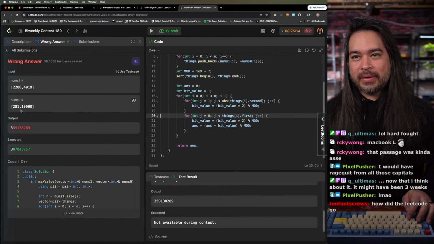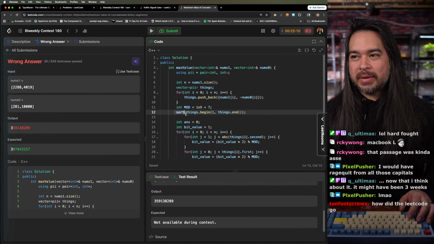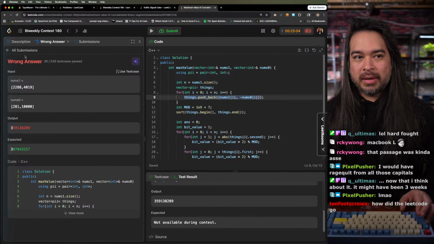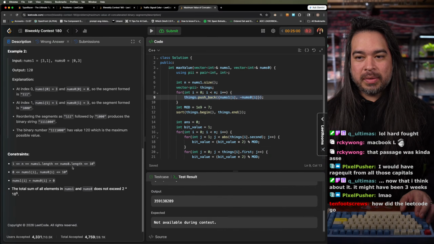Alright, so I'm thinking that maybe the way we sort them is wrong. And it's not so simple to just zip them up and sort them. I think we gotta do something a little bit more interesting.